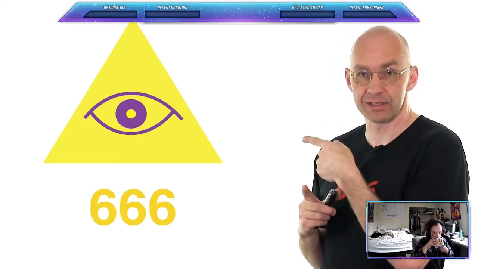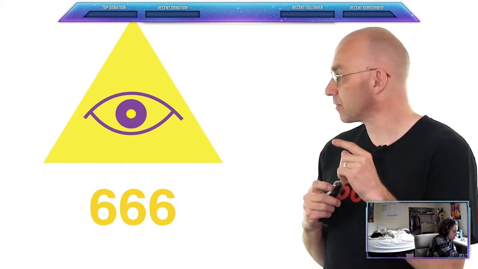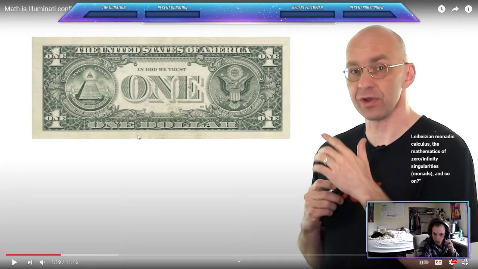I lack coffee. Attack on Buddhism. It's embarrassing to place Buddhism on a par with Illuminism, to put meditation on par with ontological mathematics. How can anyone take Buddhism seriously when it rejects Euler's formula, Fourier analysis, Riemann geometry, Riemann spheres, Leibnizian monadic calculus, the mathematics of zero infinity singularities, and so on?